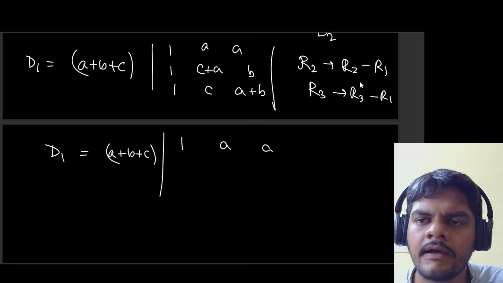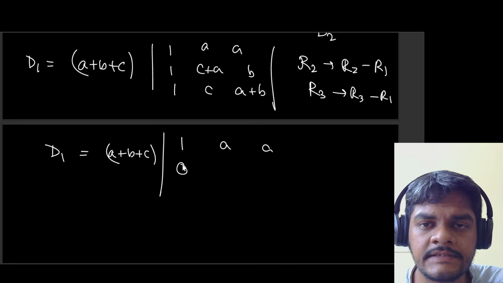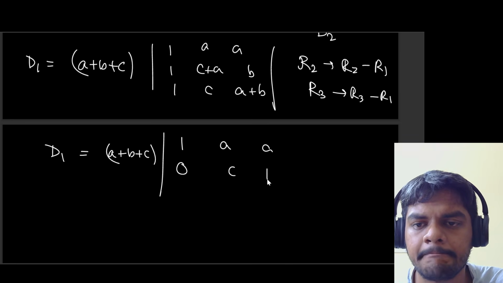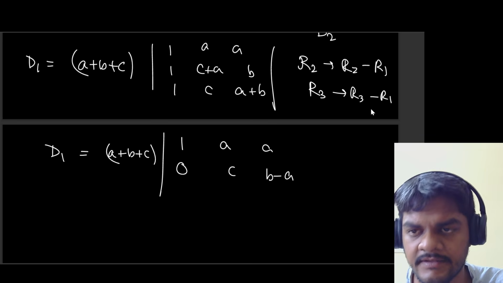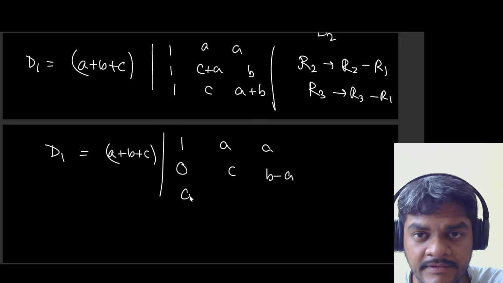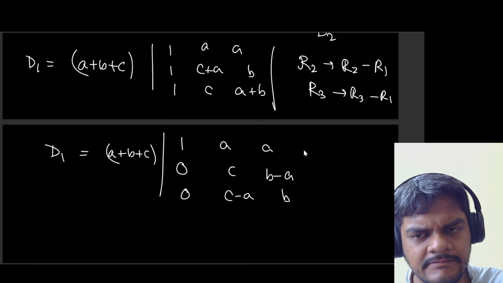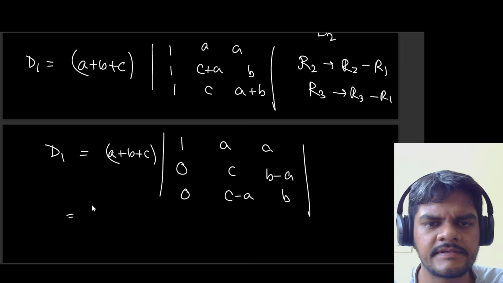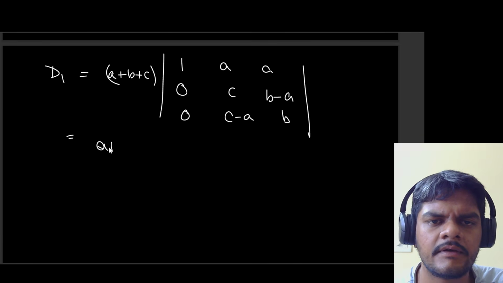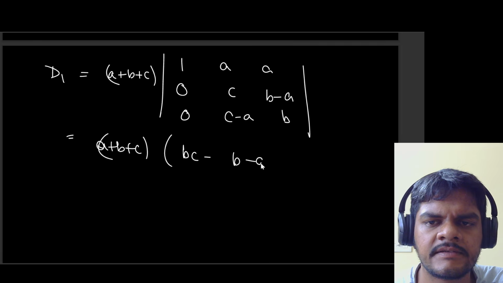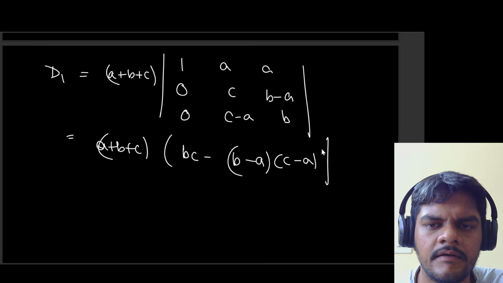1, A. R2 minus R1 is 0, C, B minus A. R3 minus R1 is 0, C minus A and B minus A, right? So this is equal to A plus B plus C into BC minus B minus A, C minus A, right?